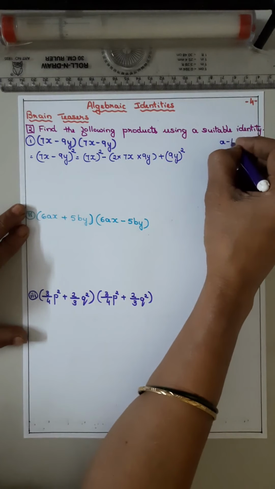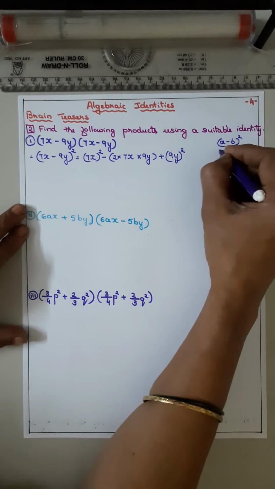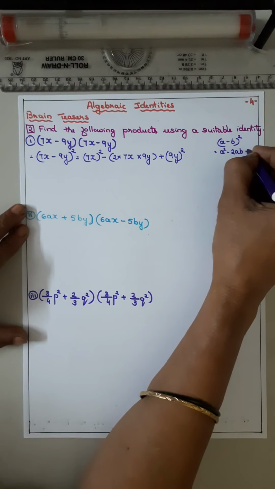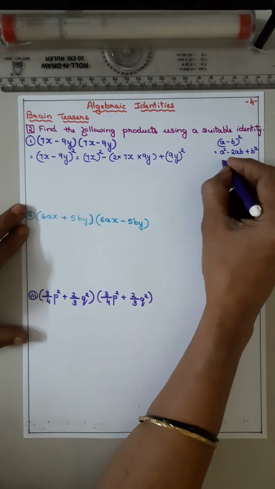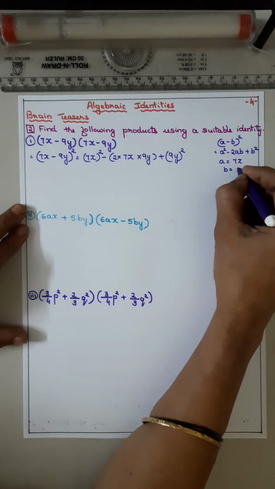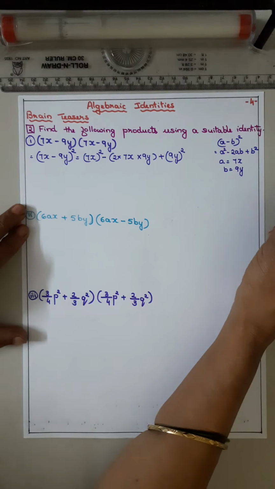Remember, a minus b the whole squared is equal to a squared minus 2ab plus b squared. Here a is equal to 7x and b is equal to 9y.